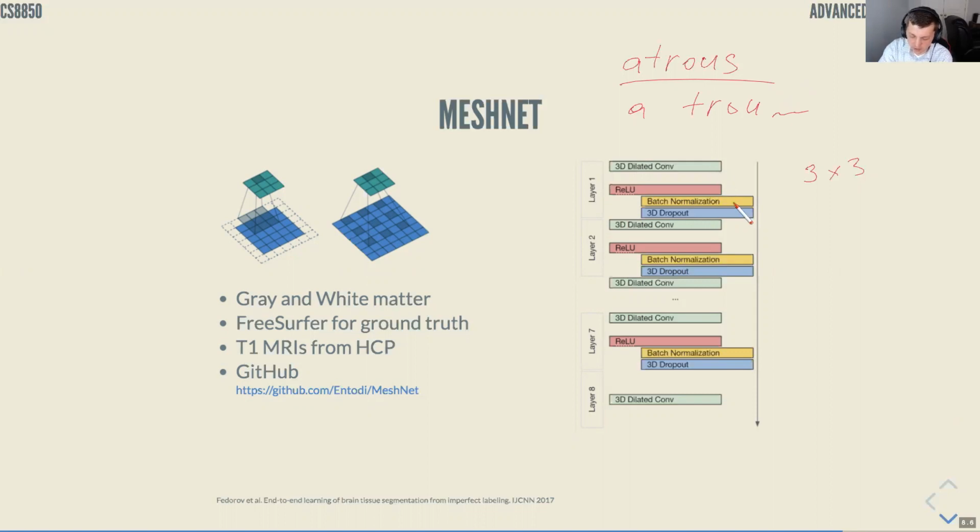Convolution followed by ReLU, batch norm, dropout, 3D. All of the layers are exactly the same. Imagine this. If it was a 2D image, the model would just look exactly like that. All of the layers, all of the outputs are the same dimension, at least until you come down to the output layer where your labels are.